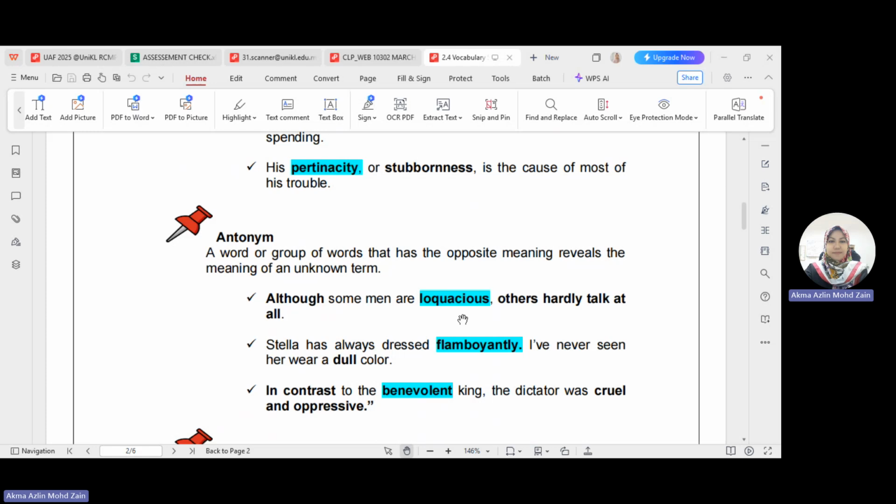If others hardly talk at all, loquacious must mean talkative, because antonym clues give the opposite meaning, which helps us guess by contrast. Make sure that you focus on clue words such as although, walau bagaimanapun, however, and also in contrast to.